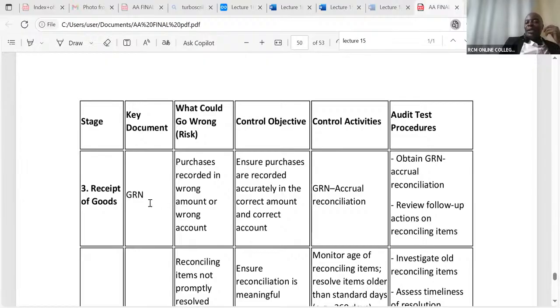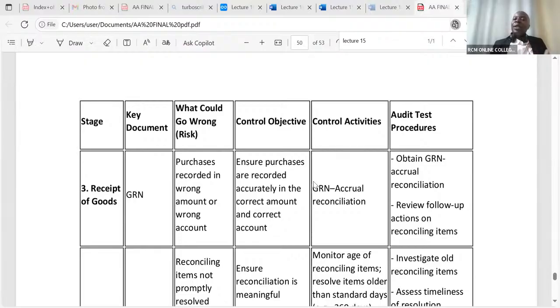So we have here receipt of goods. The key document is the goods received note. What could go wrong? Purchases recorded in the wrong amount or wrong account. Then the controls that we shall put in as a firm will ensure that purchases are recorded accurately in the correct amount and the correct account.